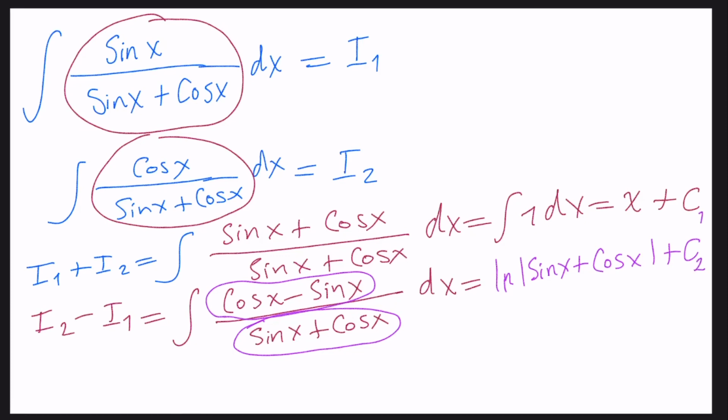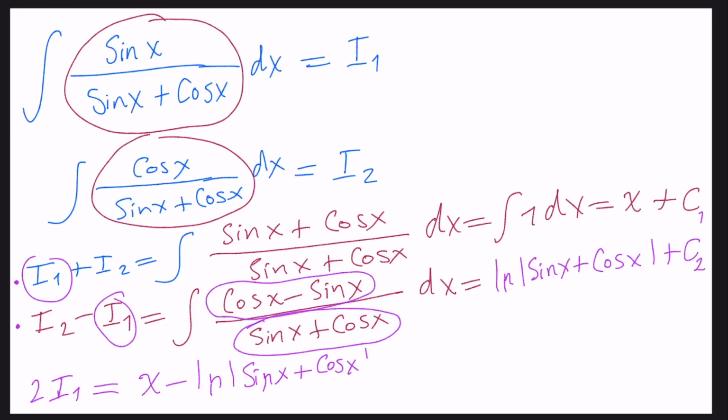So I want to find A1. How can I find A1? I can take the first equation and subtract the second equation. Then first minus second gives A1 and A1 plus, they became 2A1, and A2 minus A2 cancel each other. So it is x minus natural logarithm of absolute value of sine of x plus cosine of x plus c.